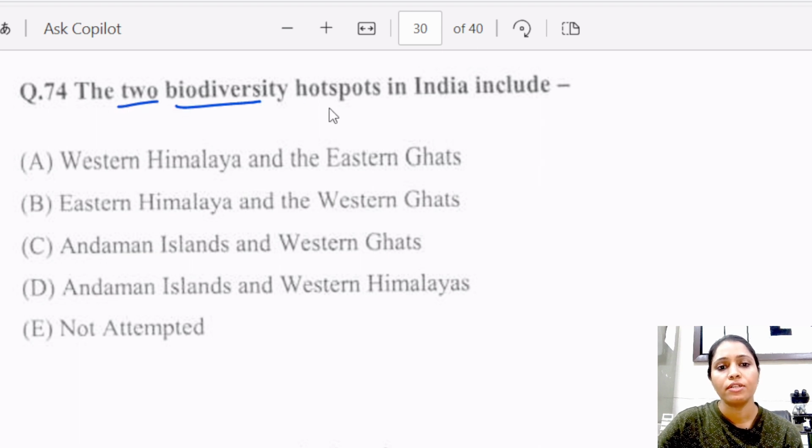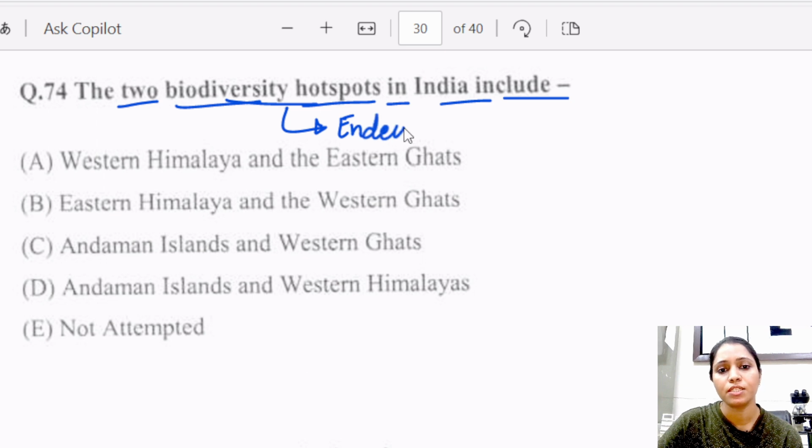The two biodiversity hotspots in India include. So what is a biodiversity hotspot? Biodiversity hotspot is where most of the species are present, especially endemic species.